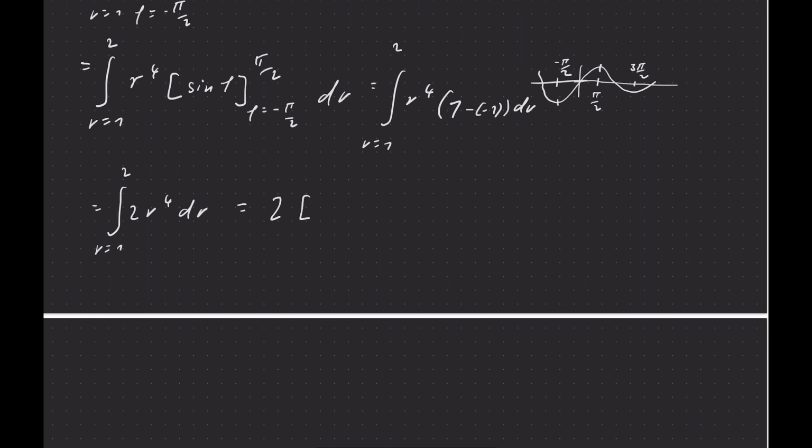And so finally we have 2 times r to the fifth over 5, r from 1 to 2. So we get 2 times 2 to the fifth minus 1 to the fifth, over 5.